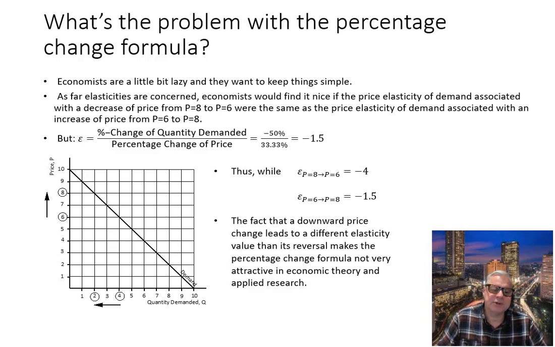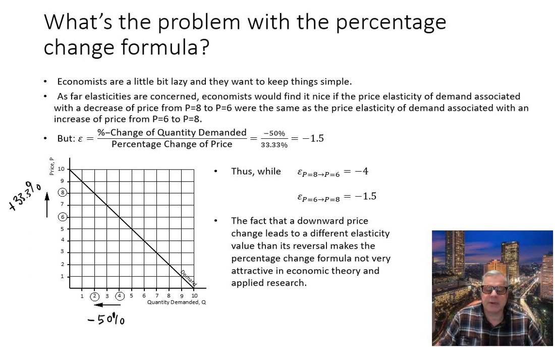But now what happens if we increase the price from 6 to 8? That would be an increase in the price of plus 33.3%. But now the quantity demanded drops from 4 to 2, which is a reduction of 50%.